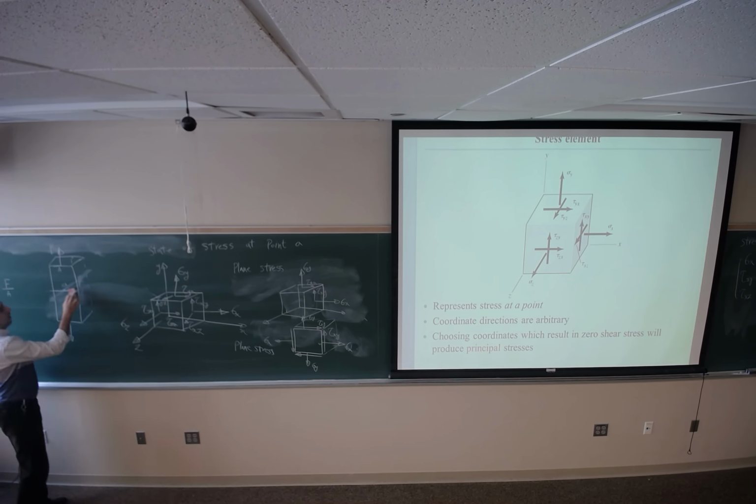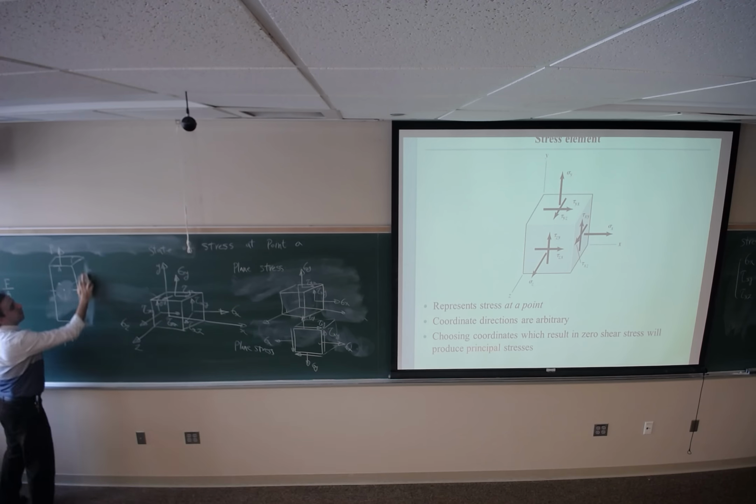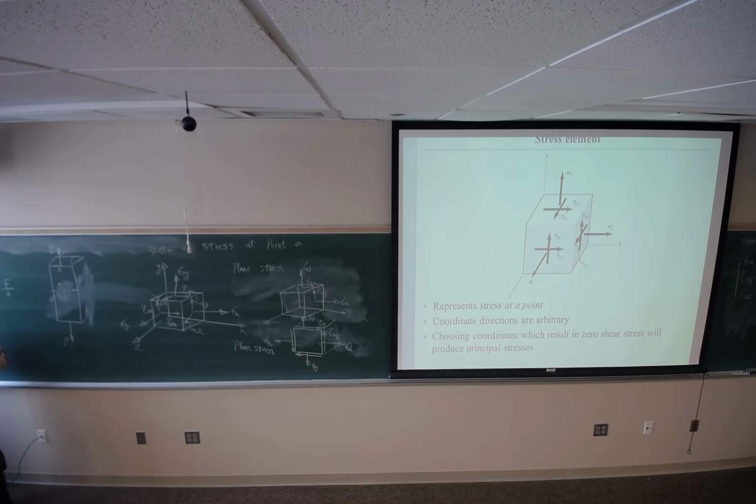All right. Now we want to see how the stress term changes if we pick a different plane. So if I pick this plane passing through point A, and I look from the top, I will see one square like this. The plane that I chose is this one.